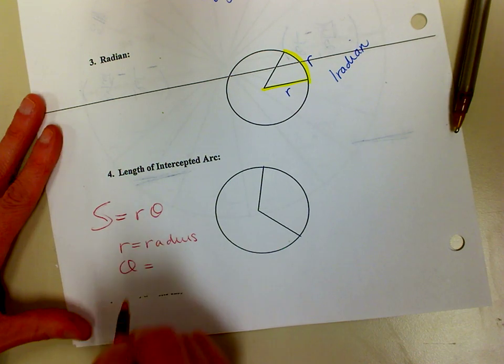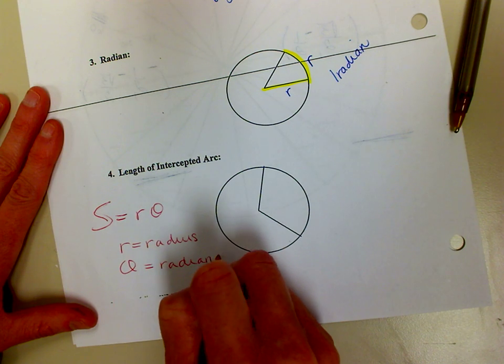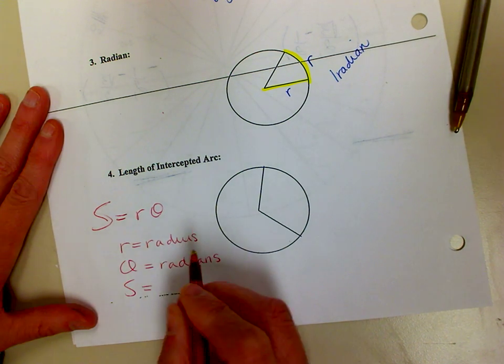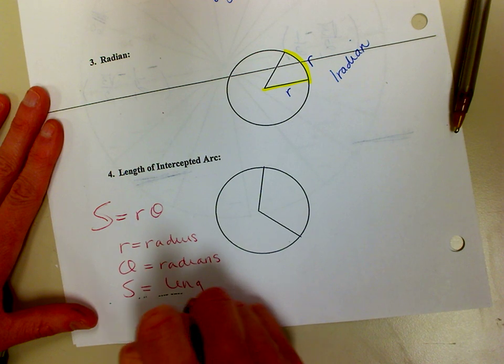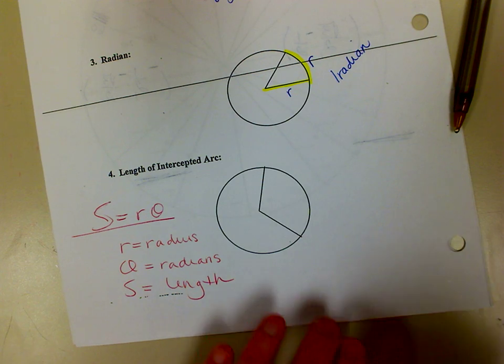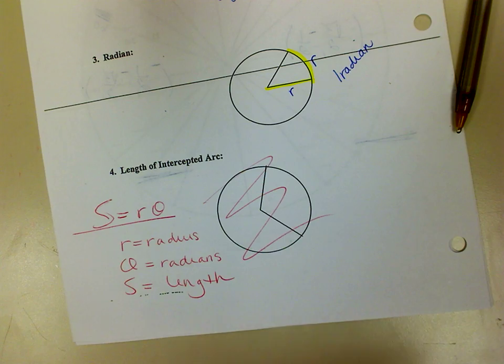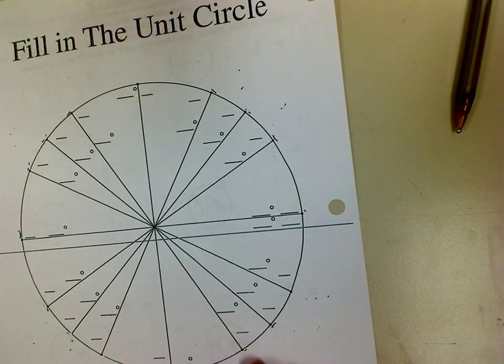Theta is radians. And S is the length. And I don't really need that picture, really. Okay, let's move on to the next page then.